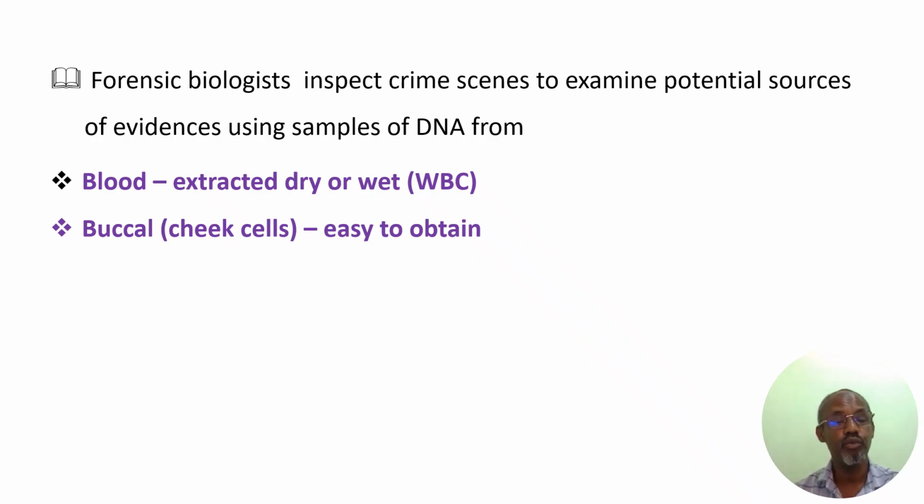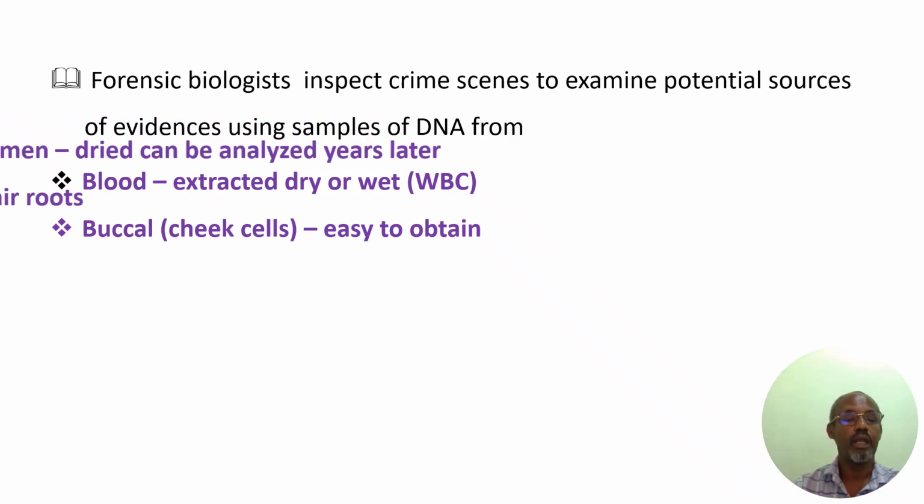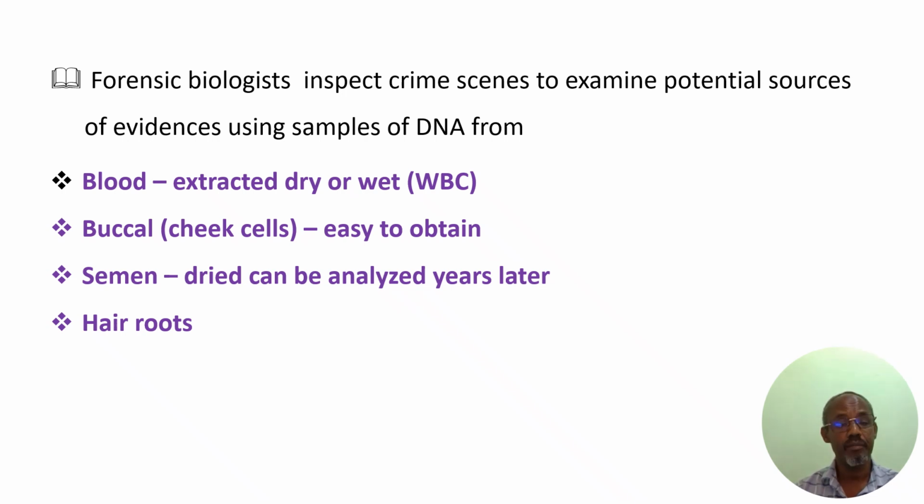The second is buccal or cheek cells. Cheek cells are easy to obtain. If you scrape the inside of the cheek, you can take out lots of cells easily without causing damage or bleeding. Buccal, or cheek cells, are taken from the inner surface of our cheeks. And the other is semen.